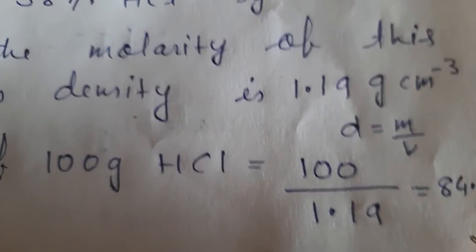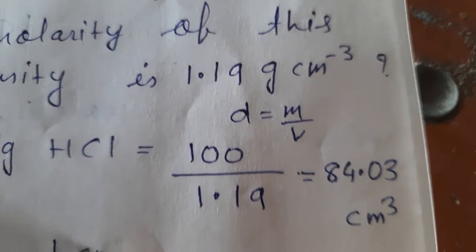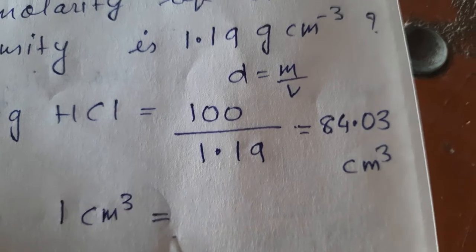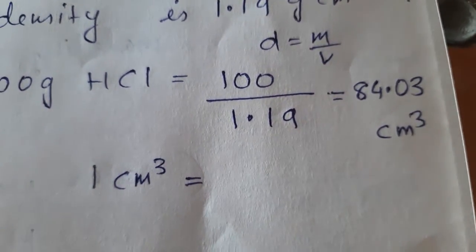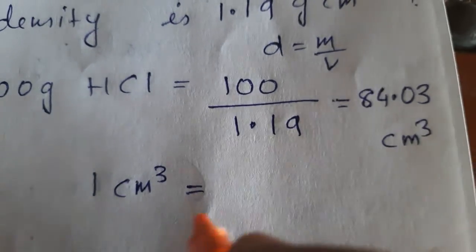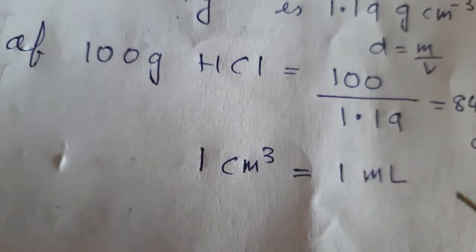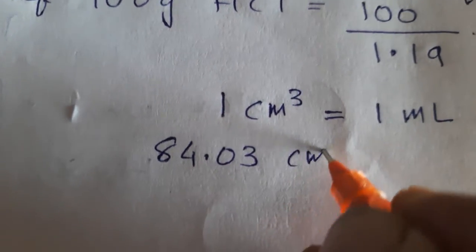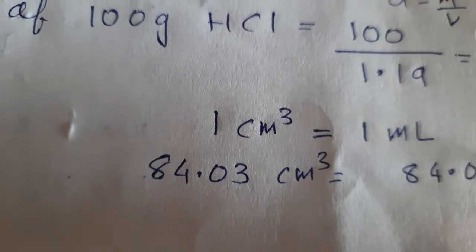84.03 cm cube. Now, what is the relation between cm cube and liter? 1 cm cube is equal to 1 ml. So 84.03 cm cube is equal to 84.03 ml.